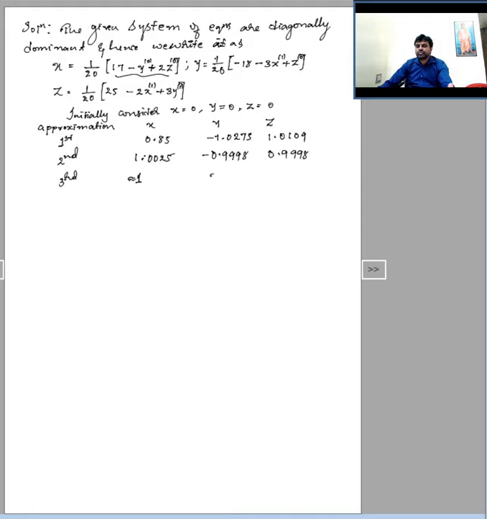Substituting x2, y2, z2, I'm going to get the third approximation, where the value is nearest to 1. So I'm rounding off to 1. So the values x as 1, y as minus 1, z equal to 1 is the required solution using the Gauss-Seidel method.